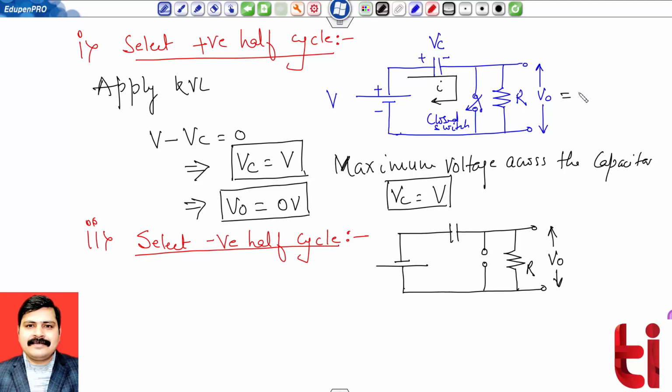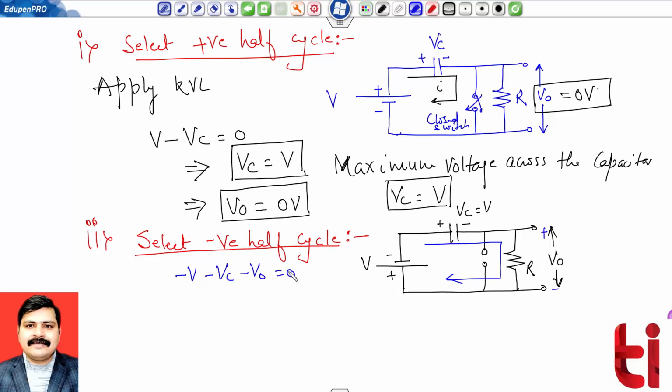In fact, I am marking over here, it is 0 volts because we have determined, and in this case, we will see what will be the output voltage. So it was charged to a value Vc, which is equals to V. This is replaced by open circuit and external voltage is V. Now, again apply the KVL in order to find the output voltage. So now it is my minus V minus Vc minus V naught equals to 0.